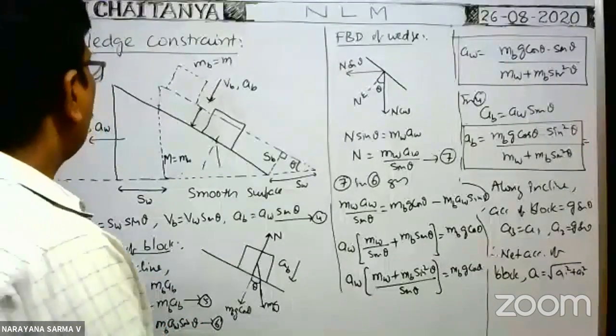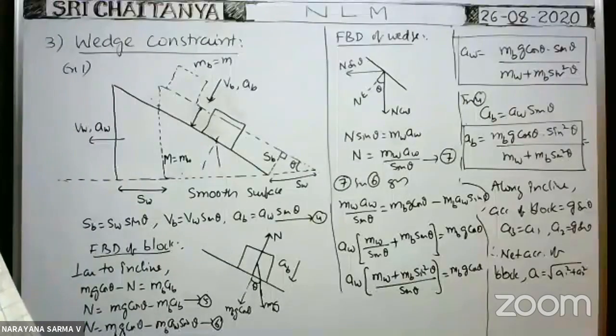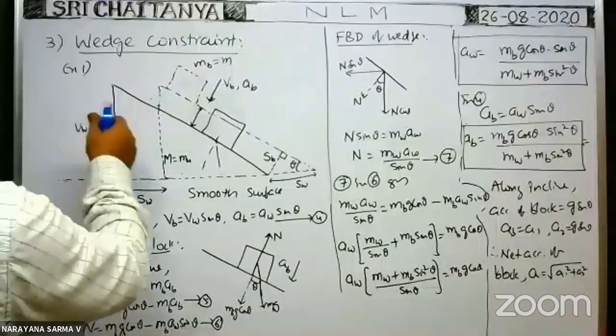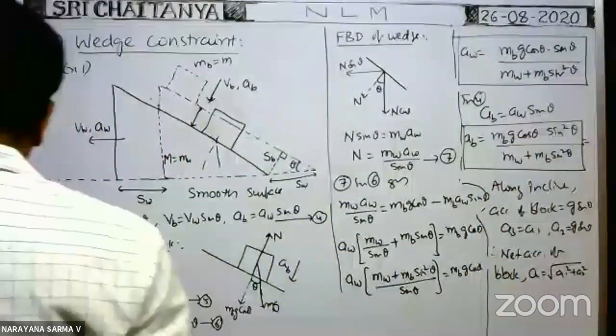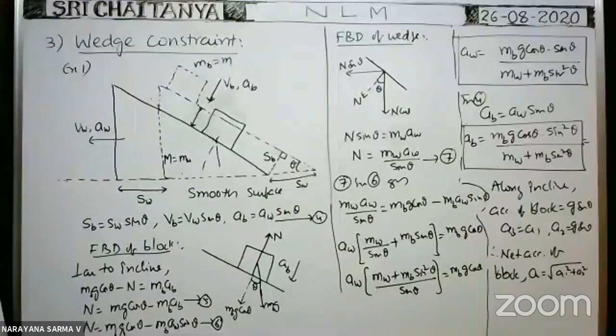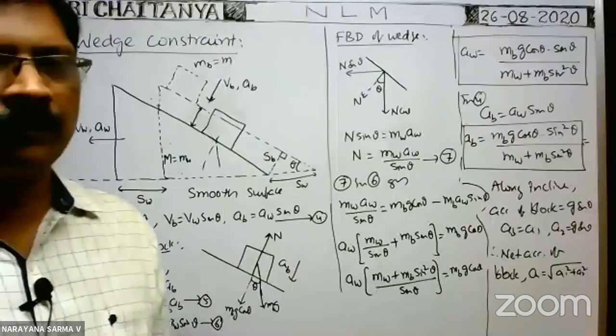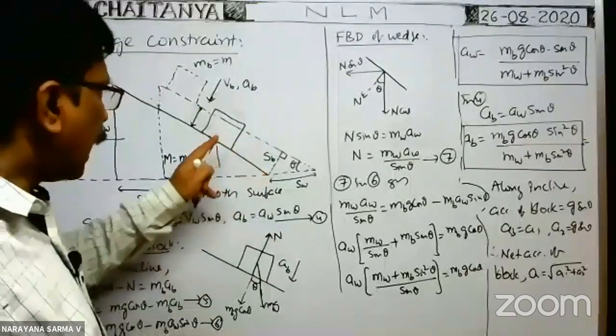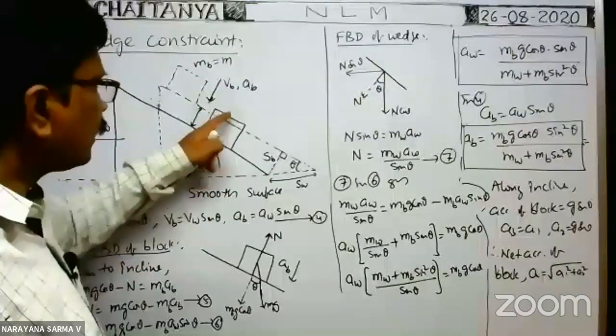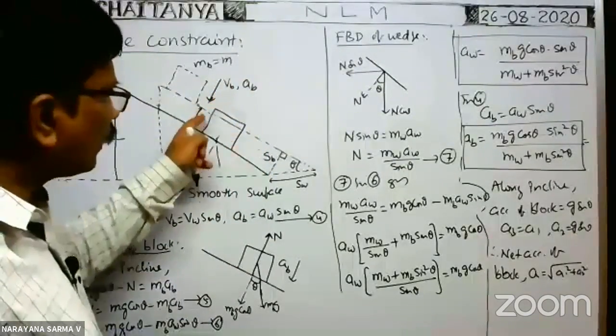Now, another example is there in this. Along the inclined plane, the normal force component on the body is in this direction. Its component is not there along the incline now.